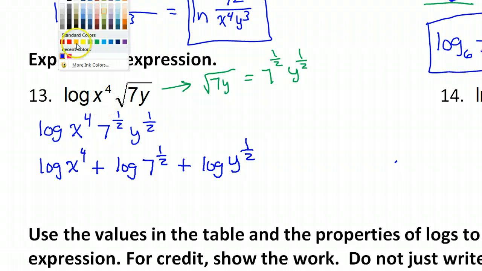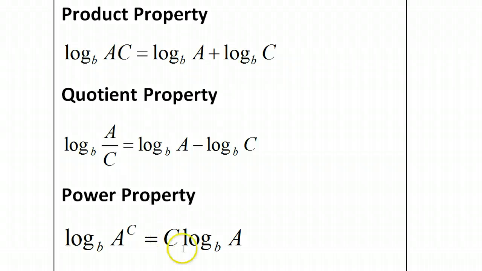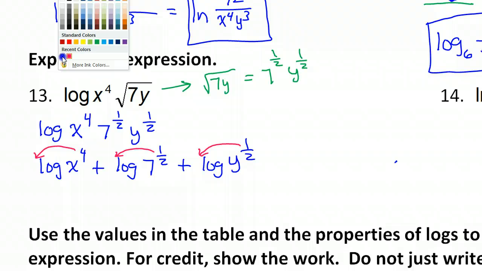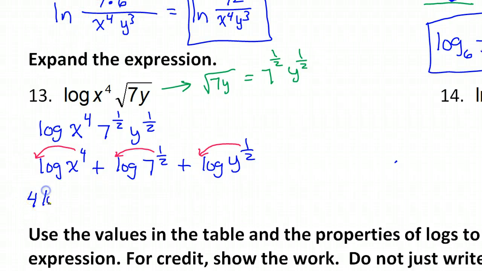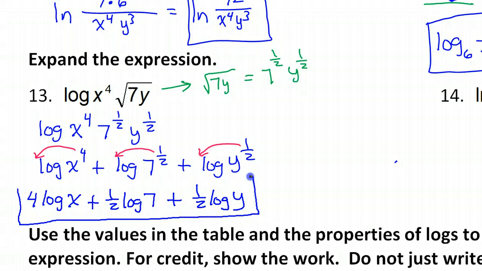Now all these powers are going to end up as coefficients in the front, according to the power rule. So that's why the final answer will be 4 log x plus 1/2 log 7 plus 1/2 log y. That will be your final answer.